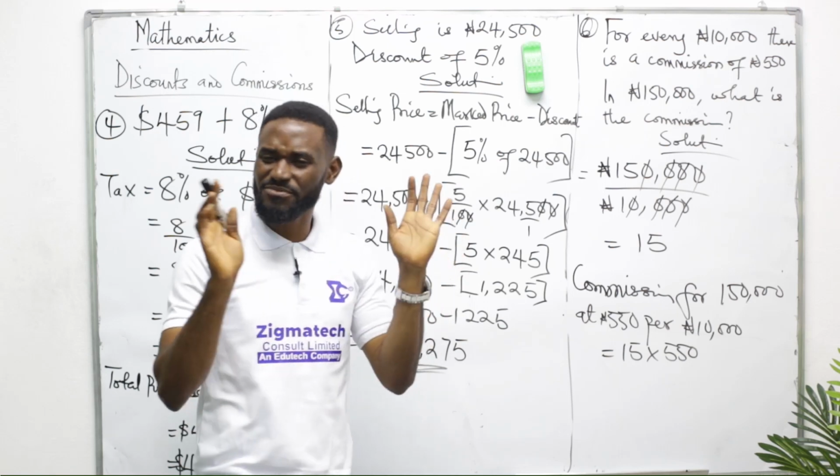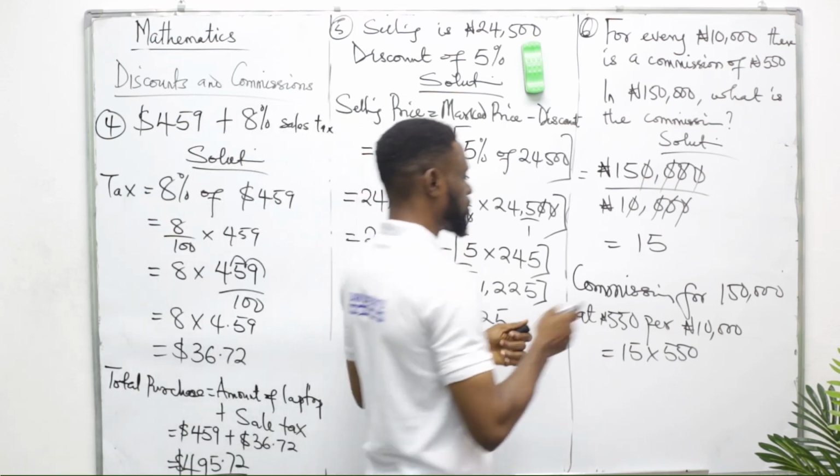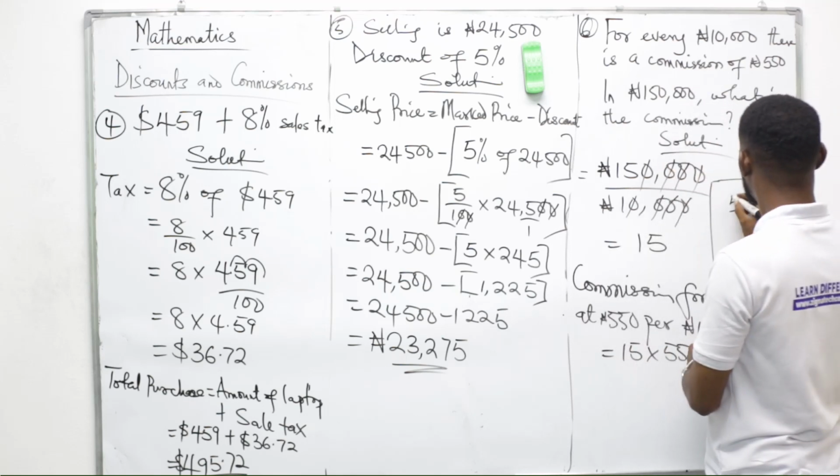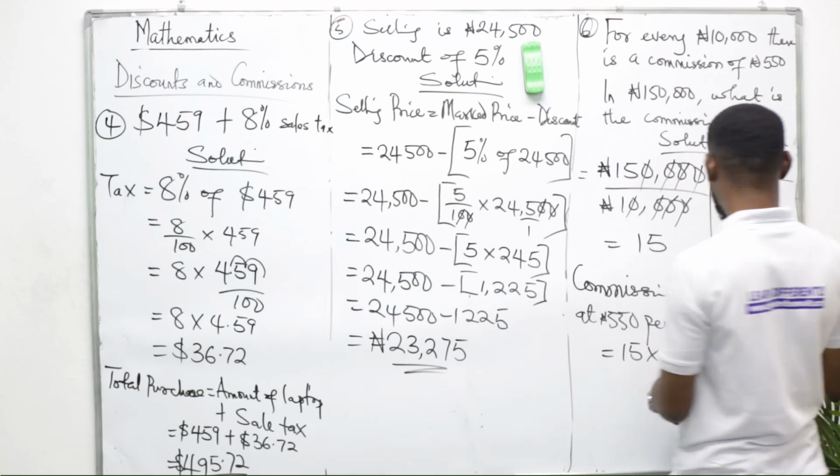I want to believe that is very clear, very simple and clear. Okay? So what that will mean is 550 multiplied by 15.